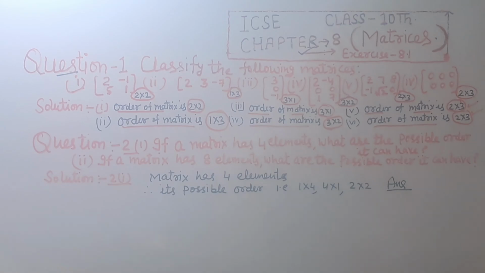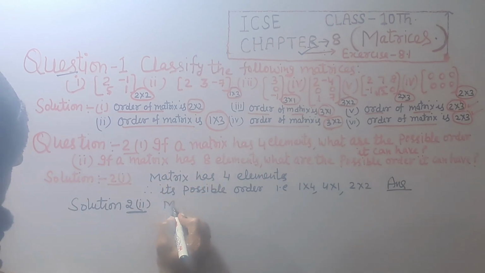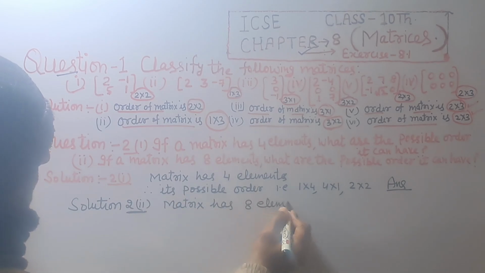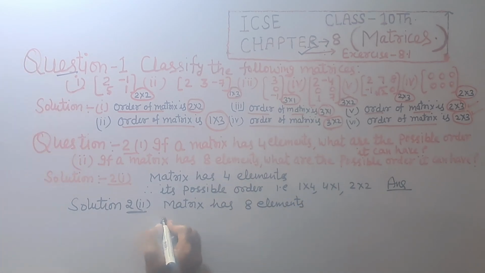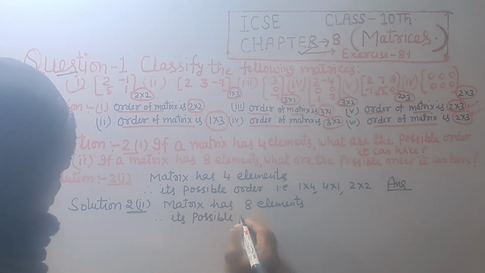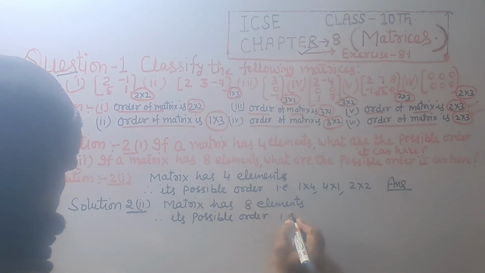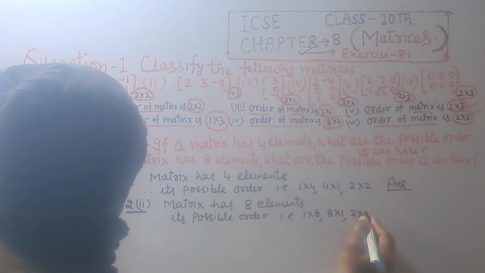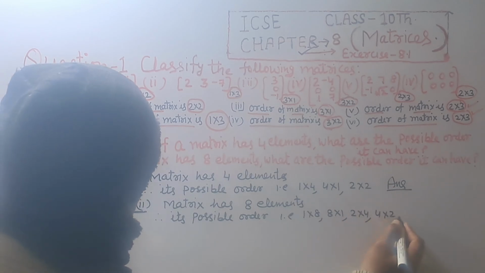First part. And second part solution: if a matrix has 8 elements, so its possible order, that is 1 into 8, 8 into 1, 2 into 4, 4 into 2.